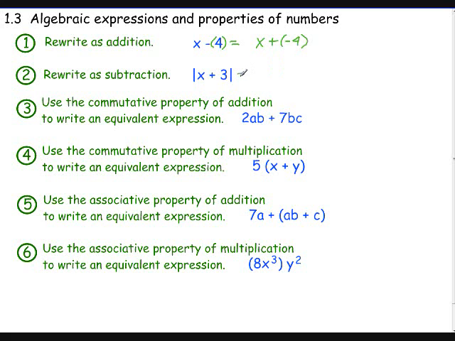Rewrite as a subtraction. Well, that's an unusual thing to do, but why not do it? It's just an exercise to make sure we understand things. This is saying x plus a positive 3. If we want to think of it as a subtraction problem, we've got to take the additive inverse of a positive 3, which is a negative 3.